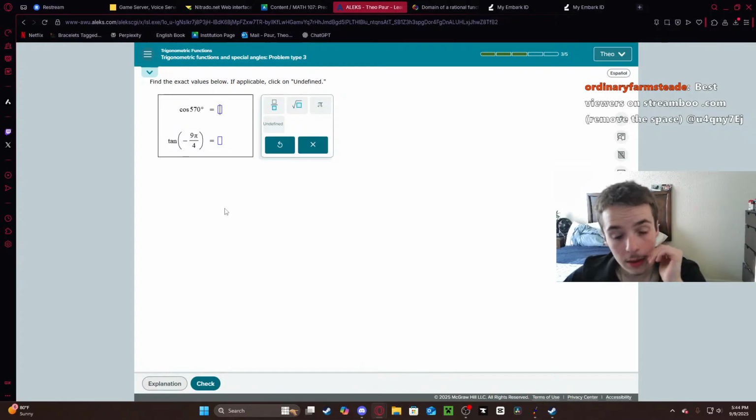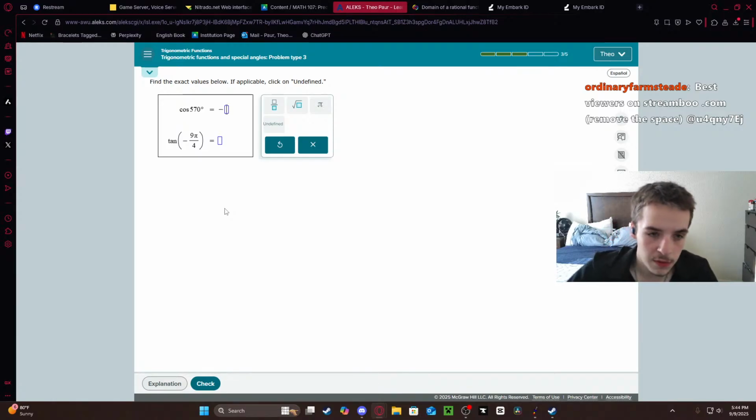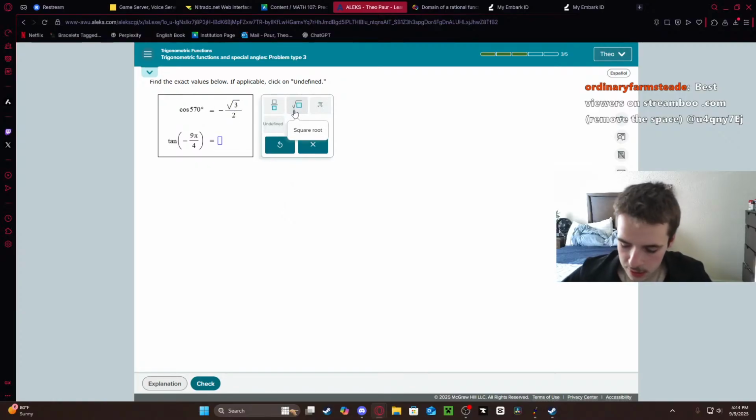Cosine. Okay, cosine of 570. Go around once, 360. Go around again halfway. Gets us to 540. You take another 30 degrees. 570. Cosine of that is negative square root 3 divided by 2. And then we have -9 pi over 4. 8 pi over 4 would be all the way around.